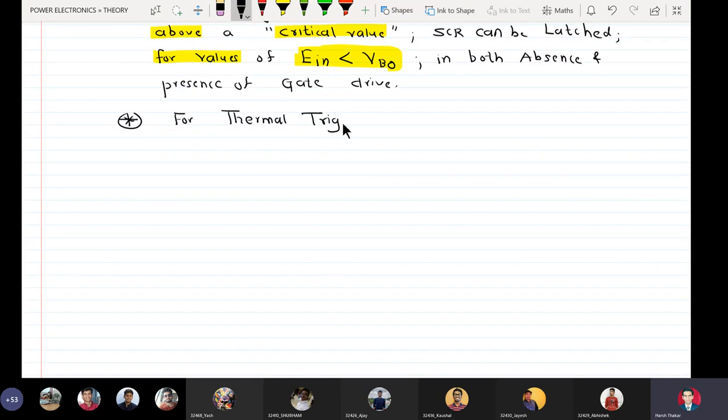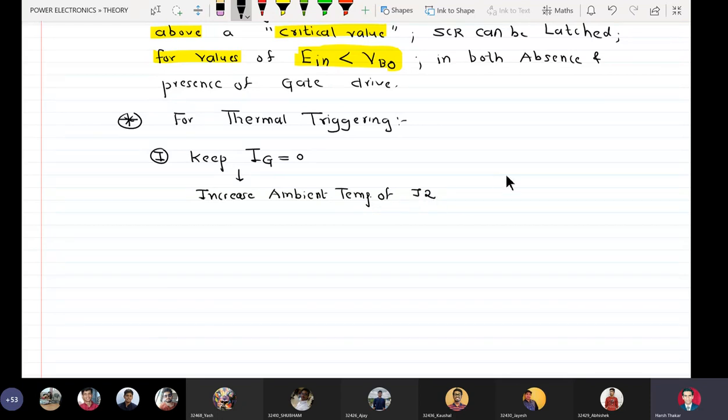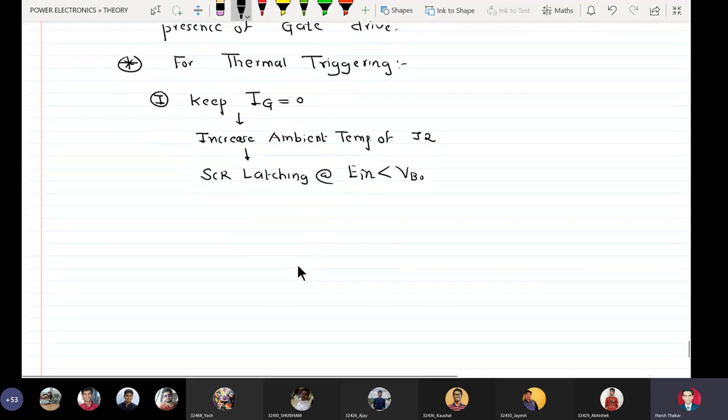For thermal triggering, the first method is to keep Ig equal to 0, then increase the ambient temperature of the junction J2, which will lead to SCR latching at E in less than VBO. This is method number 1.